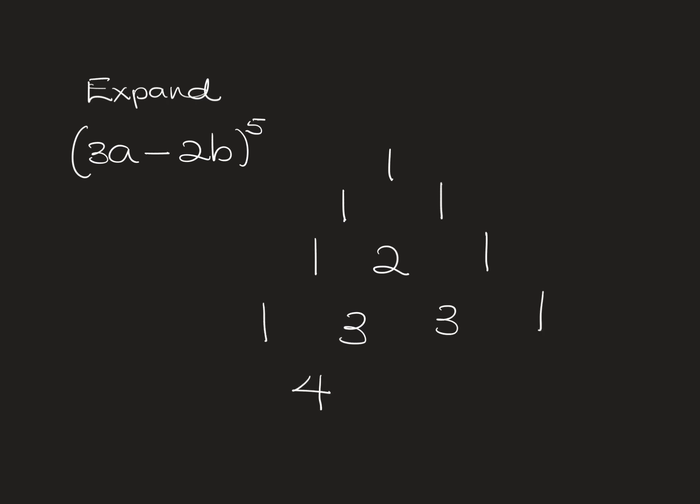We have 4, 6, 4, 1, 1. Then we'll have 5, 10, 10, 5, 1, 1. Because we have 5 in the second place and the power is 5, these are the coefficients that I need to use: 1, 5, 10, 10, 5, 1.